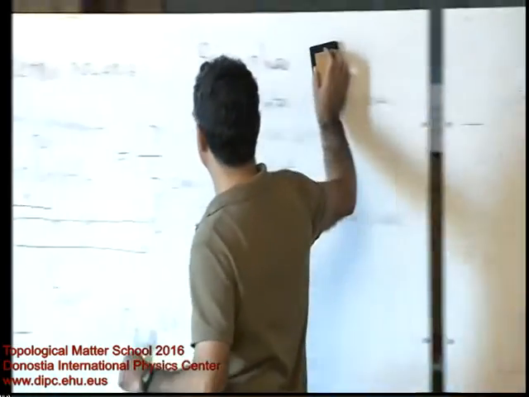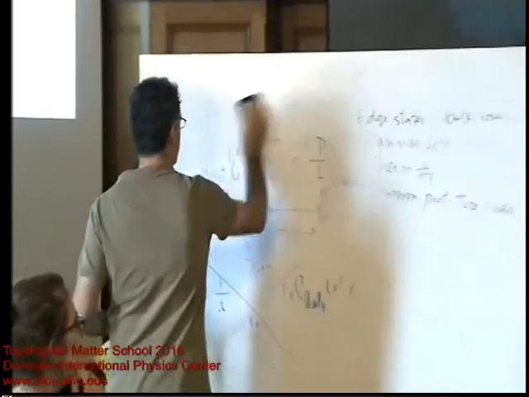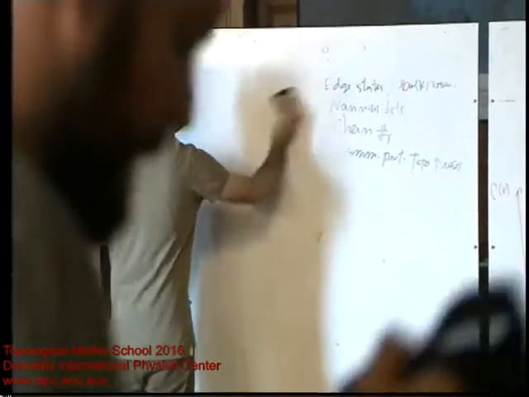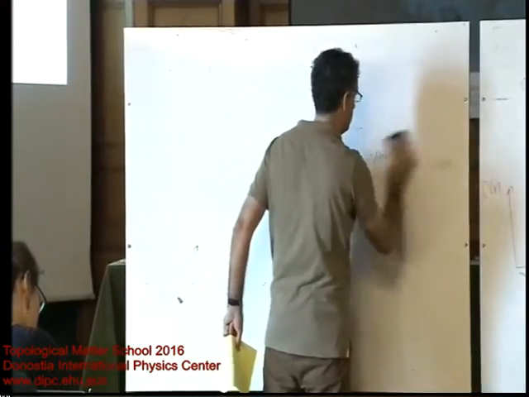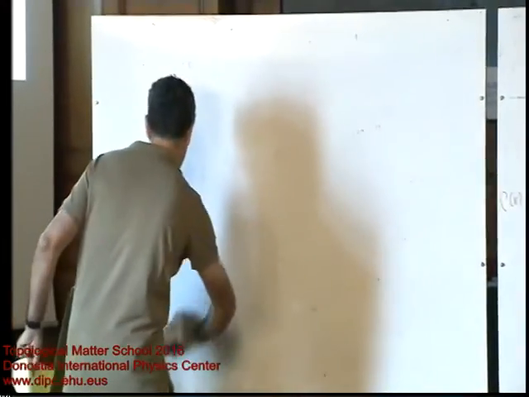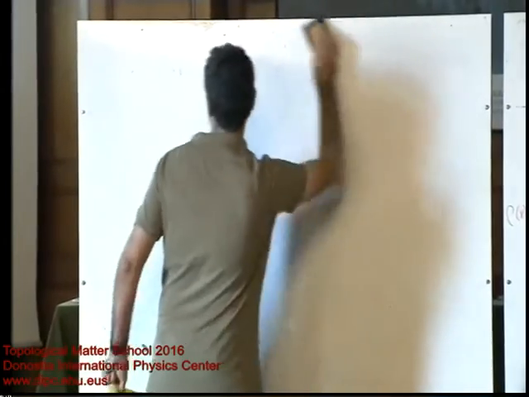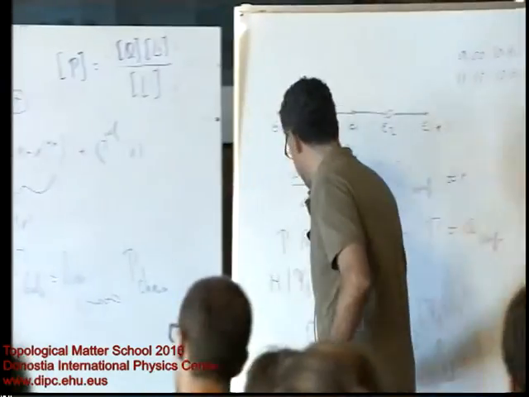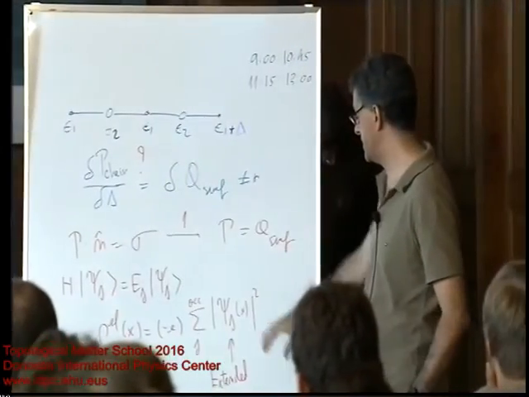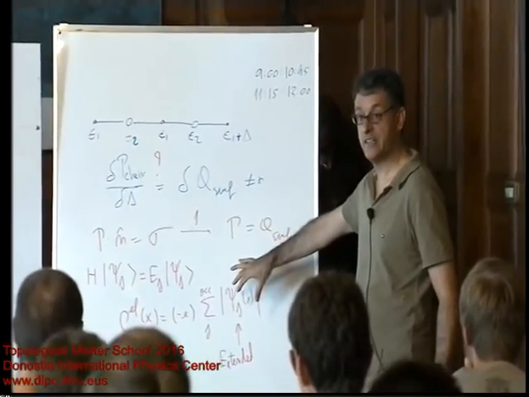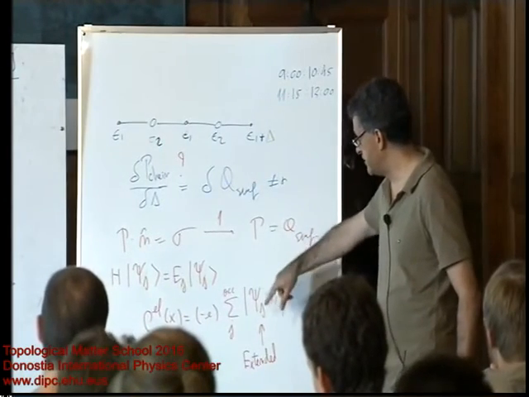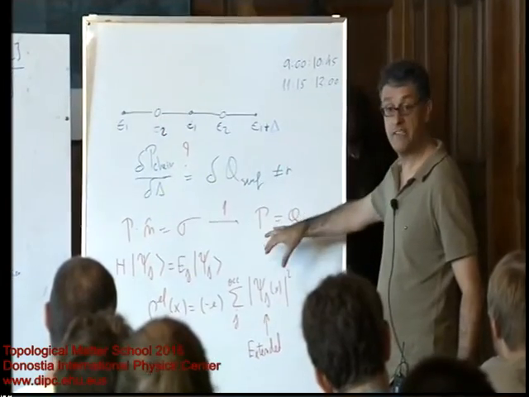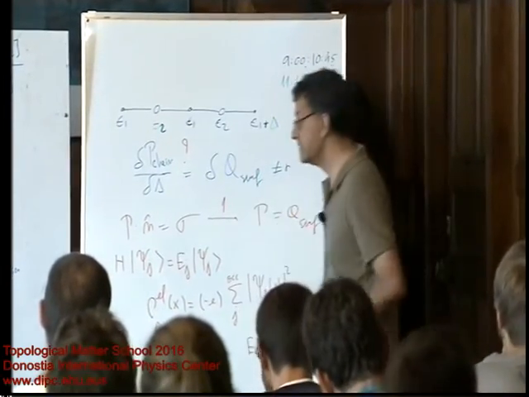And the trivial observation that I want to make is the following. Trivial but important. You can reconstruct the same extended charge density by writing an equation like this, where instead of the energy eigenstates, you use some other states which are localized. Okay?